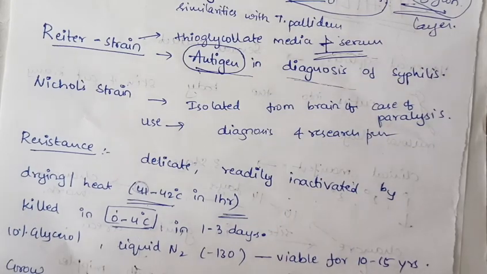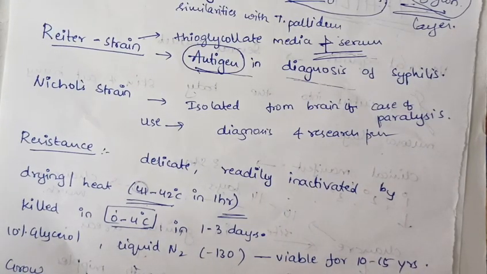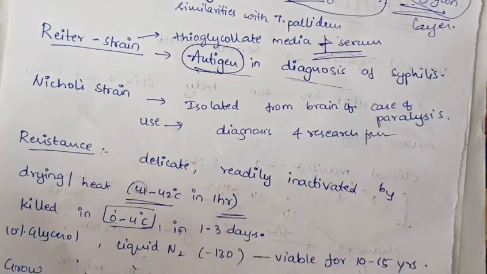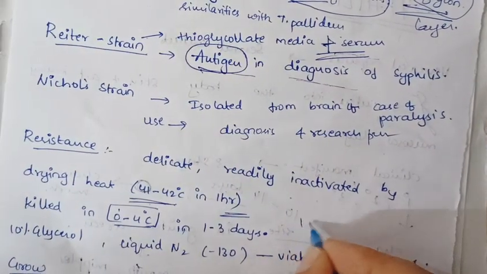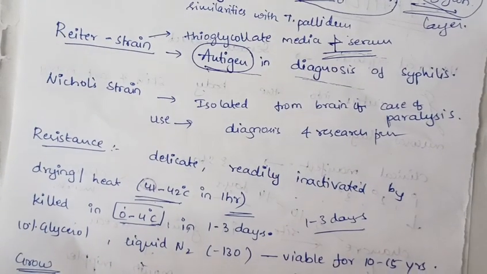And in case of blood transfusion, when a patient is affected with syphilis infection, the blood, when placed in a refrigerator for a period of 1 to 3 days, the organism cannot survive.